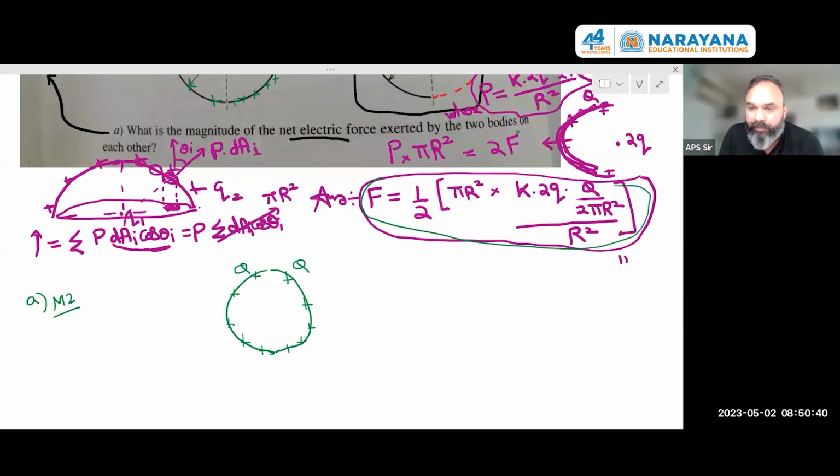If the charge was equal, it was a body having a total charge of 2Q. And if I said, tell me what is the force on this guy, F here, or 1 on 2, 2 on 1, F. So student will say, sir, fine, take electrostatic pressure and multiply it by the projection area. So pi r square into the term electrostatic pressure.